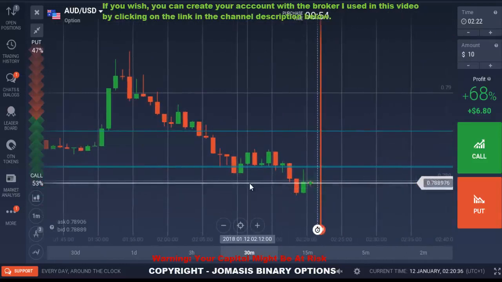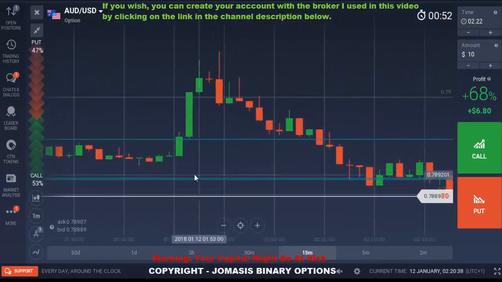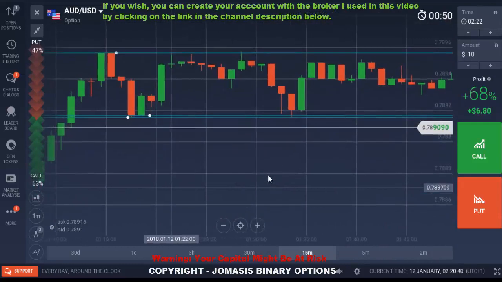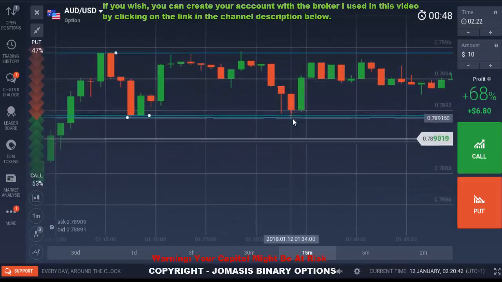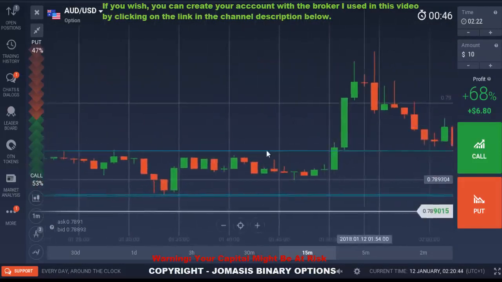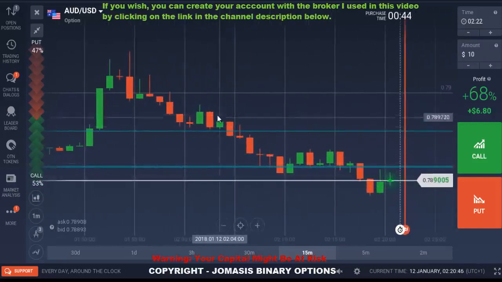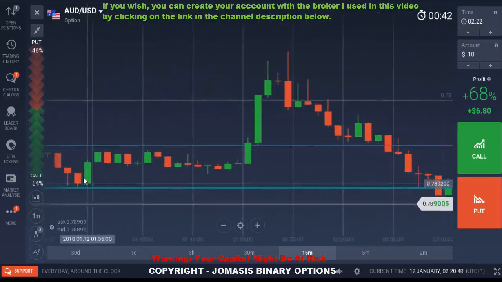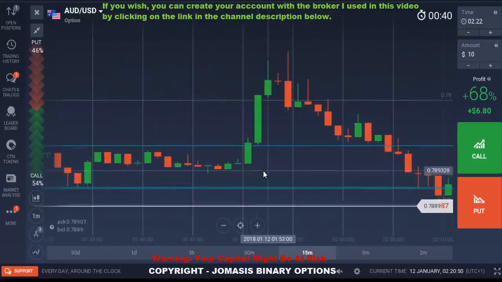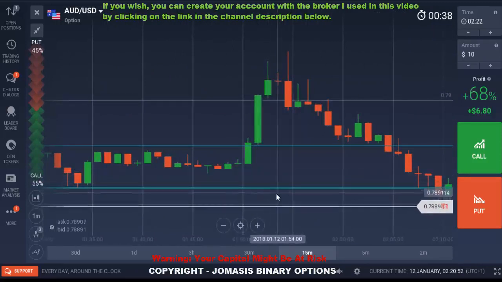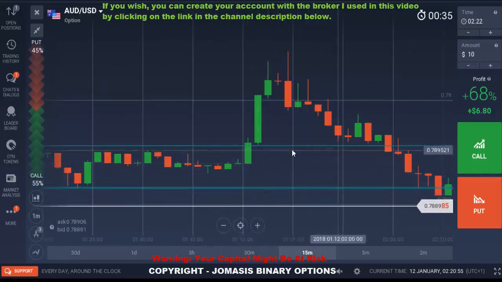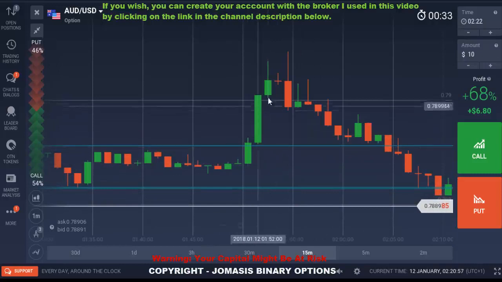So now at this market, let's look at this one. The market came down here and reversed from the support level, and when it reversed from here, the market never came down to this level again. So it broke the previous resistance level.